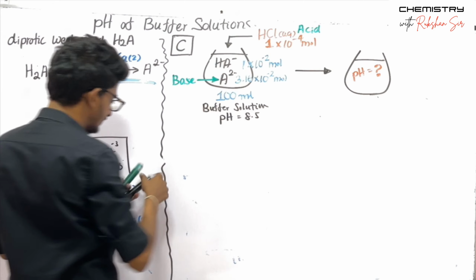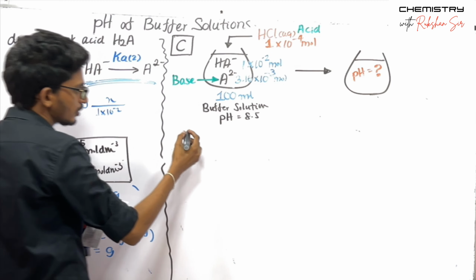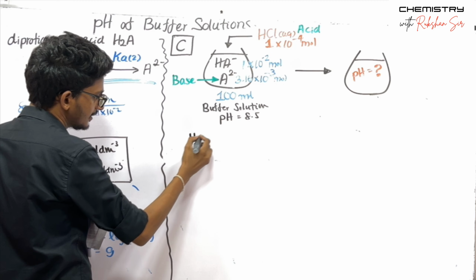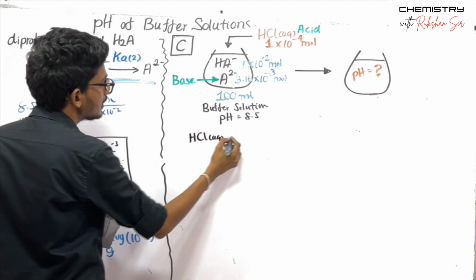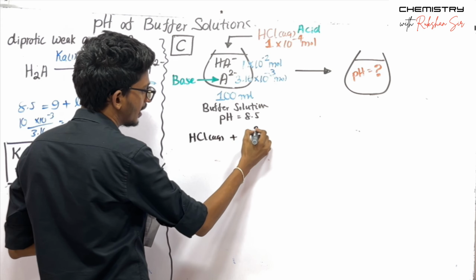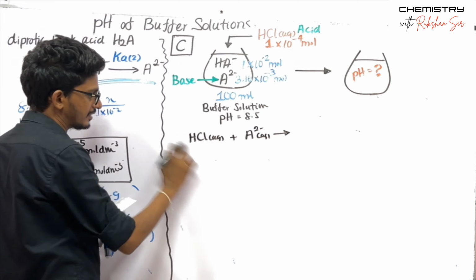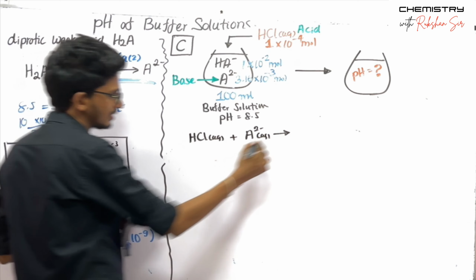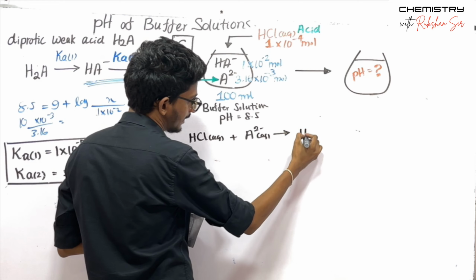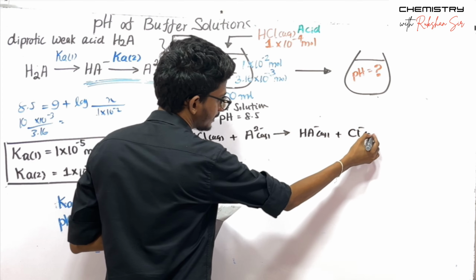So HCl reacts with A2 minus, which is the base. This is a straight arrow reaction because this one is a strong acid, to come up with HA minus and Cl minus.